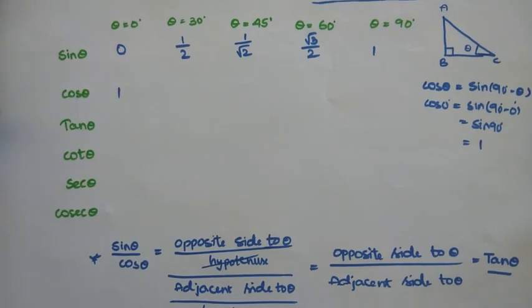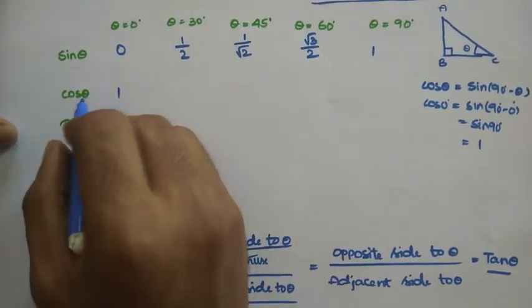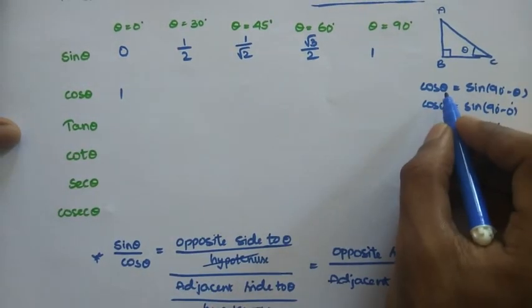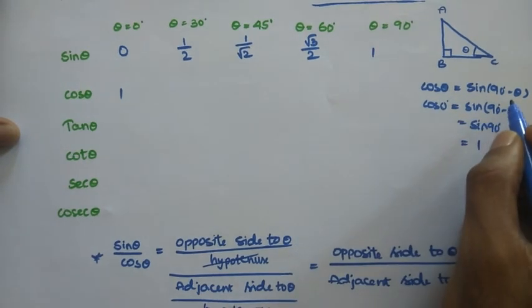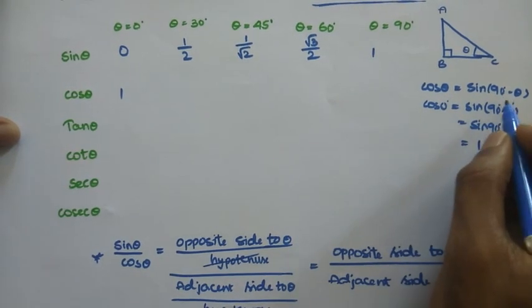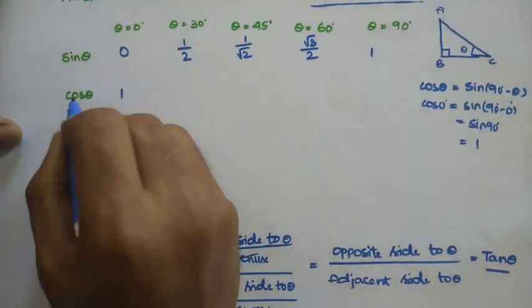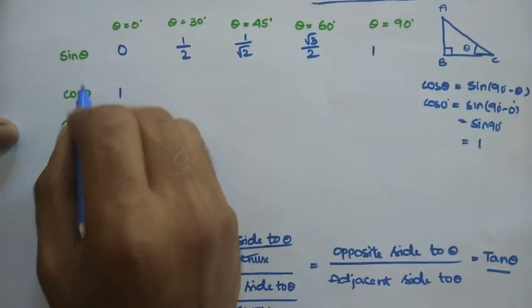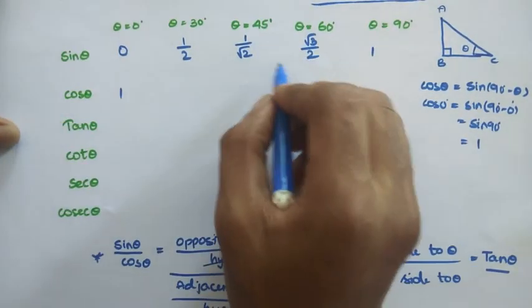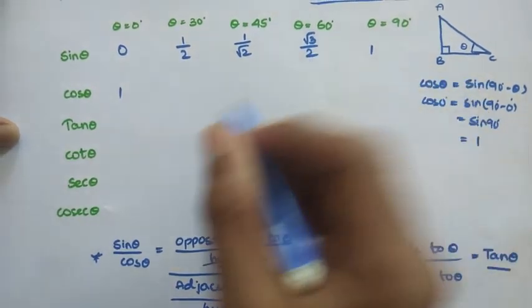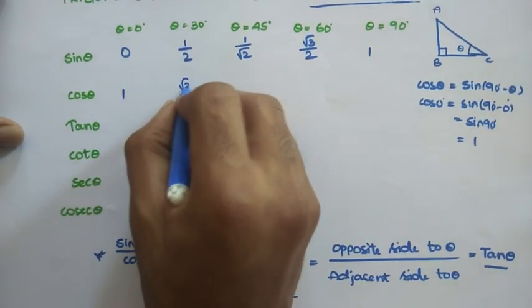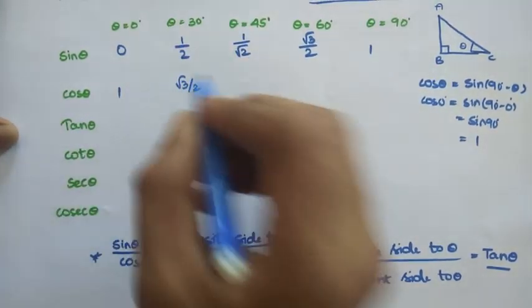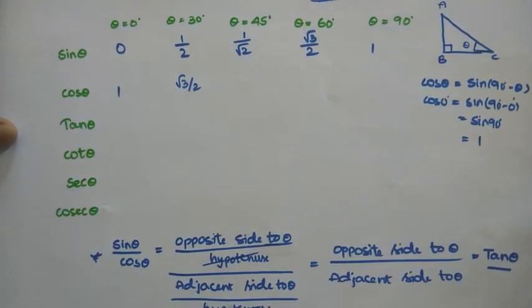Similarly, cos 30: if we put 30 here, then it will be sin of 90 minus 30, which is nothing but sin 60. So if we need the cos 30 value, we need to see sin 60, which is root 3 by 2. So for cos 30 degrees, it is root 3 by 2.